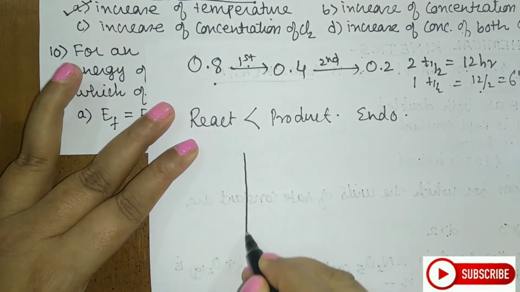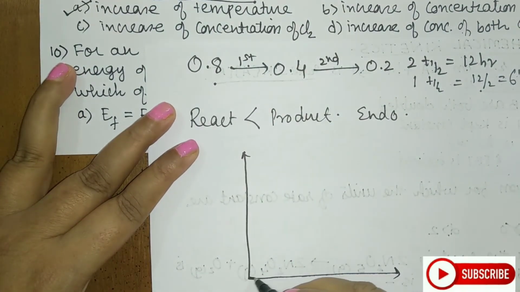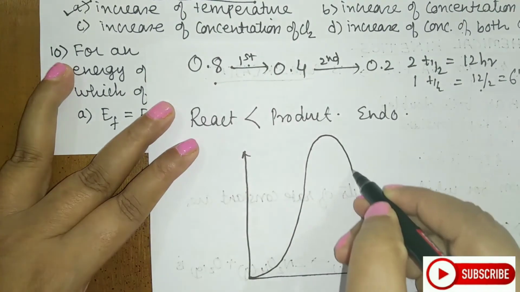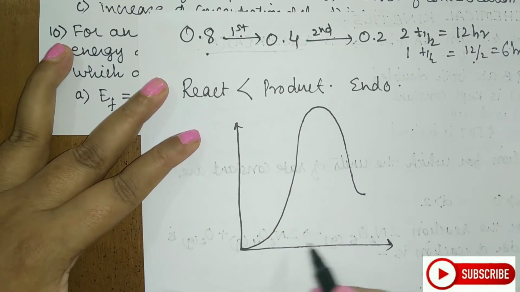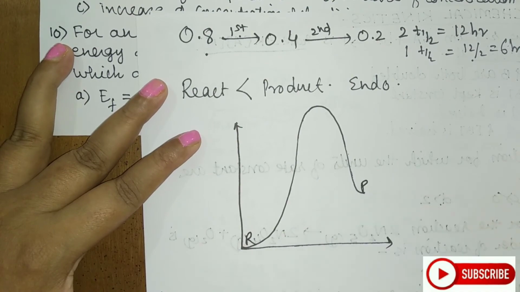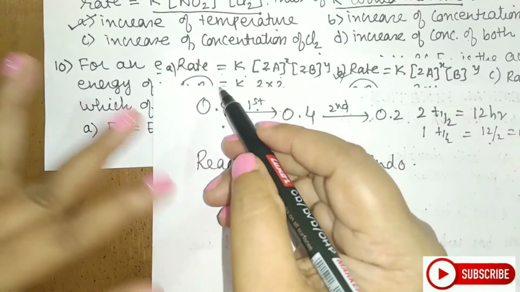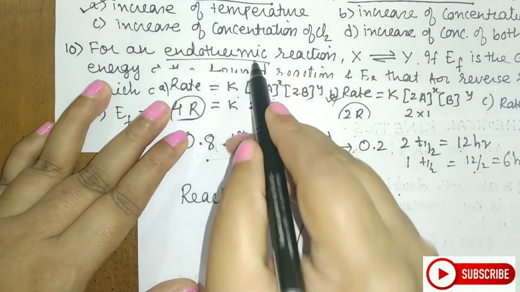So let us draw the graph here for an endothermic reaction. If I plot the graph for an endothermic reaction, the graph will be something like this. If you see the energy level, this is for the reactant, this is for the product. Reactant is more stable as compared to product because here they have given an endothermic reaction.